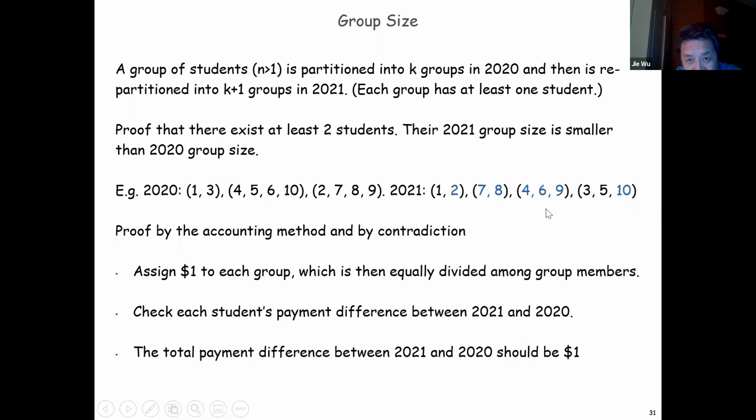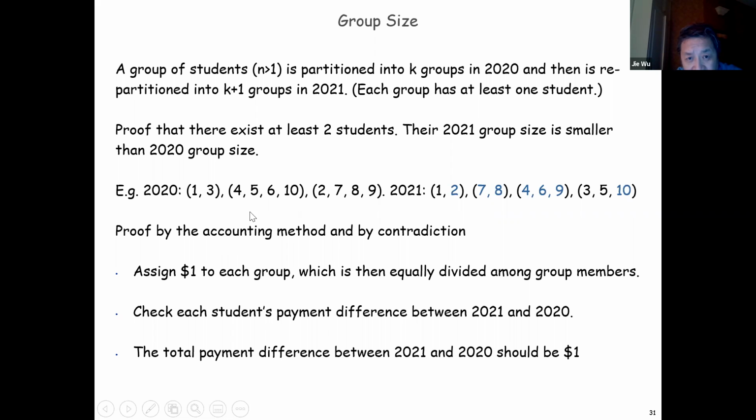Now this is the key. What's the difference in total dollars between 2020 and 2021? It's a $1 difference. Then you can just prove by contradiction. Just look at a very simple example.